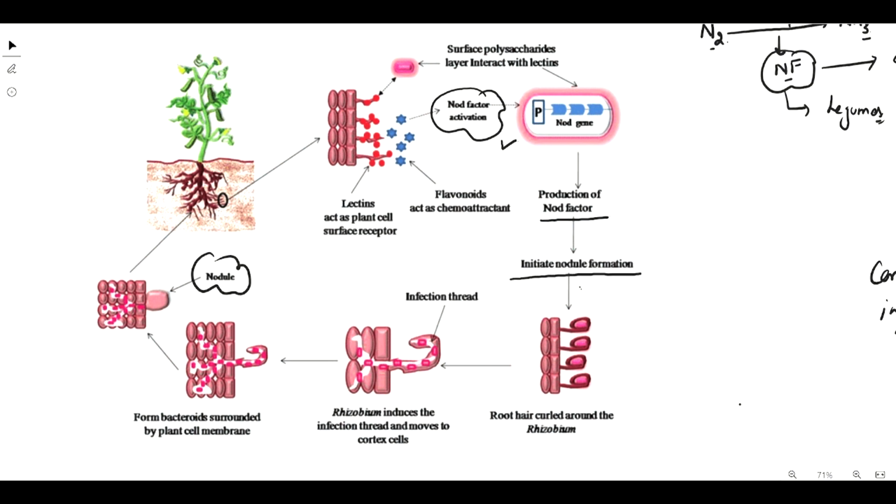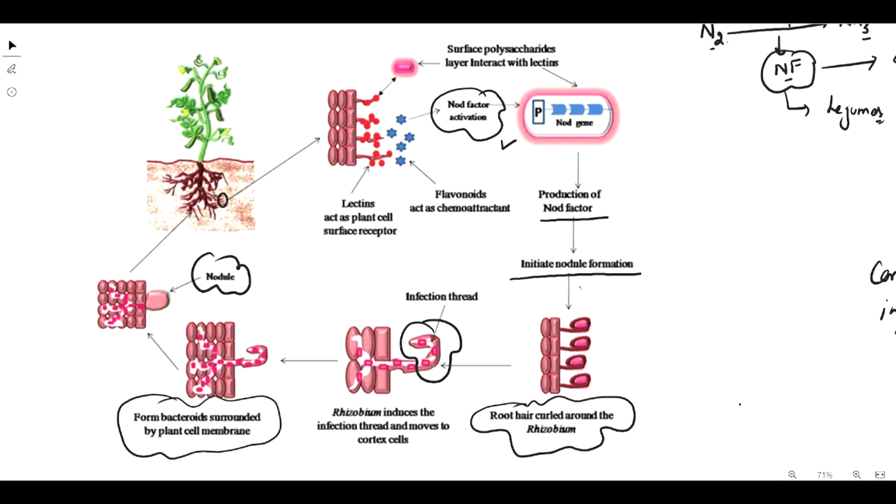Nodule formation makes the deformed root hair curl towards the root primordium region and form the Shepherd's crook shape, where the bacteria start to divide in the form of bacteroids and start to fix nitrogen. So this is all the story of nitrogen fixation in the leguminous plants by the Rhizobium bacteria.